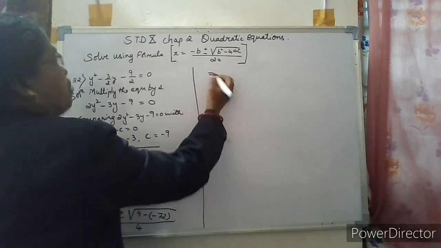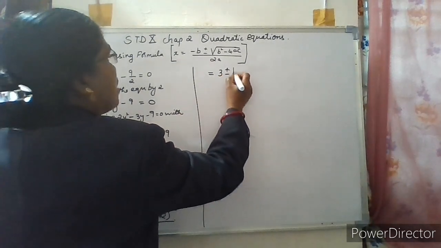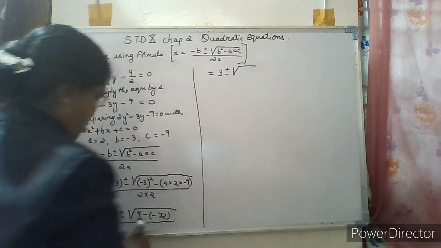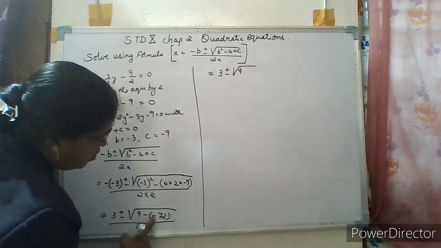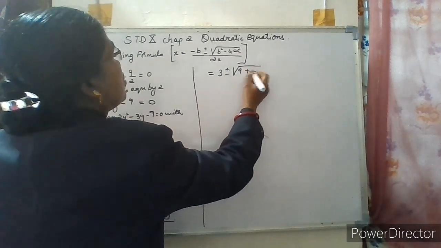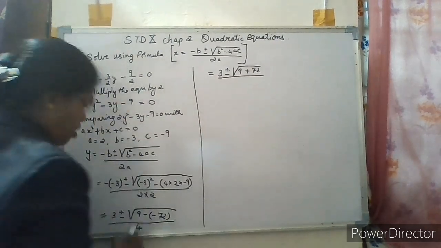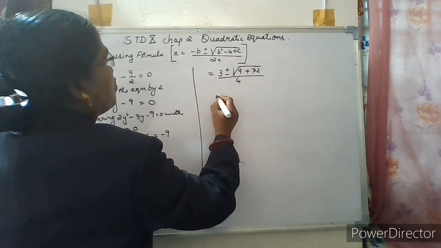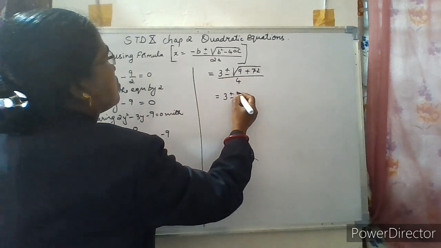y is equal to 3 plus or minus, it is 9 minus into minus, to open the bracket, minus to minus, it is plus 72 upon 4. So this is equal to 3 plus or minus.